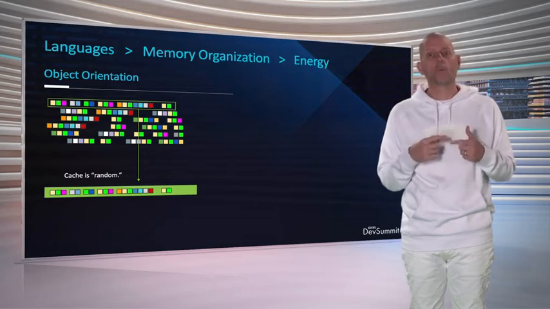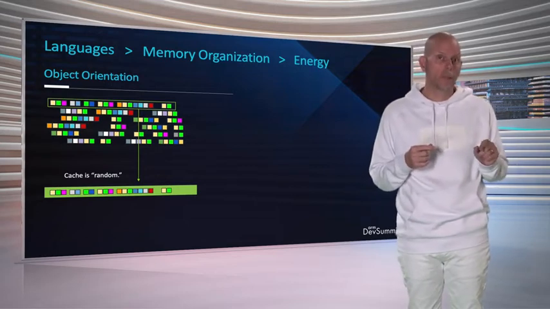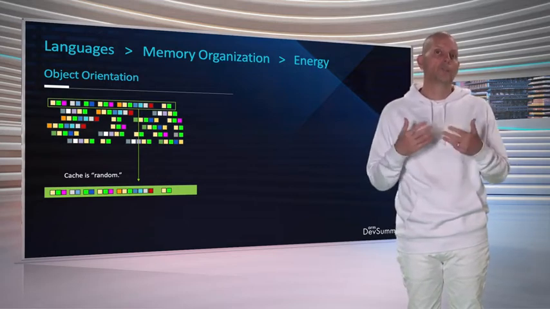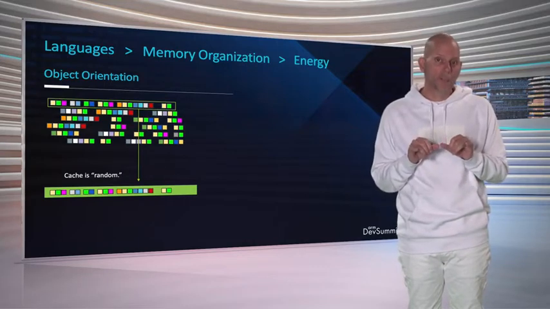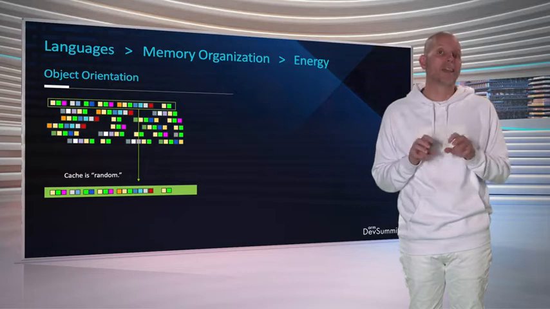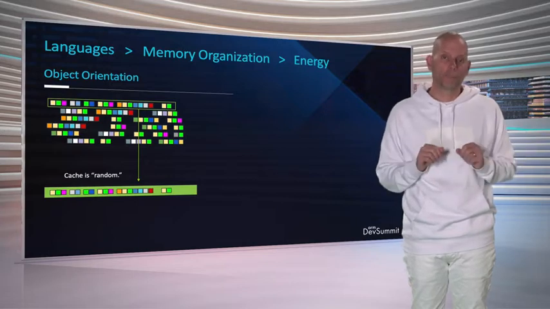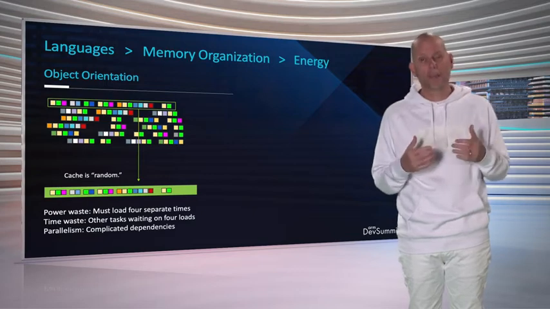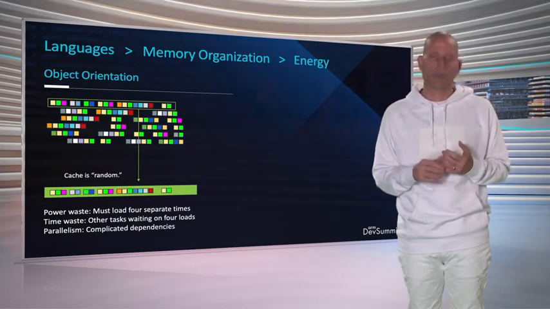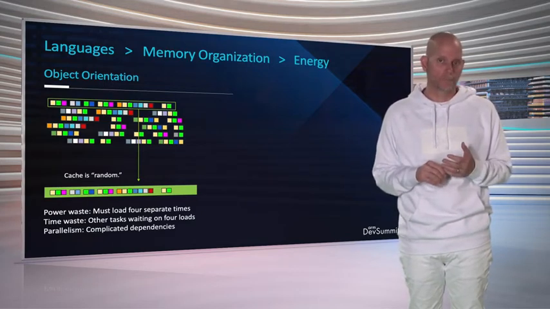As I iterate over the objects, in this case 4, it will likely need to load and save it 4 separate times because technically the objects are likely farther than what we call a cache line apart in memory. Now this is wasteful of power and time, and it makes multi-threaded programs much harder to implement in general.